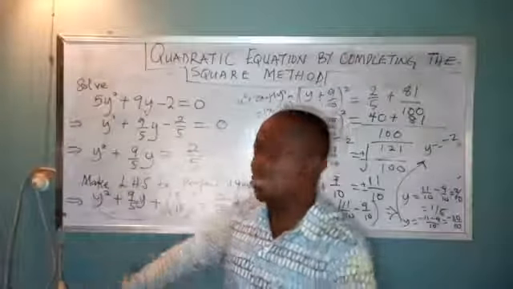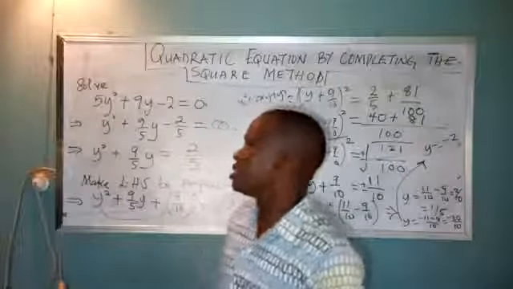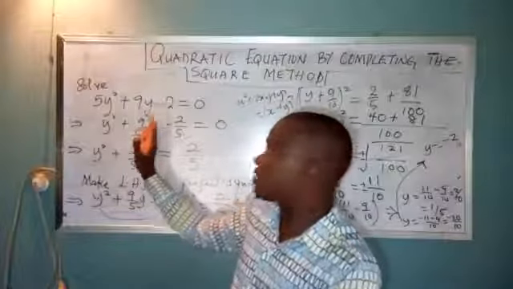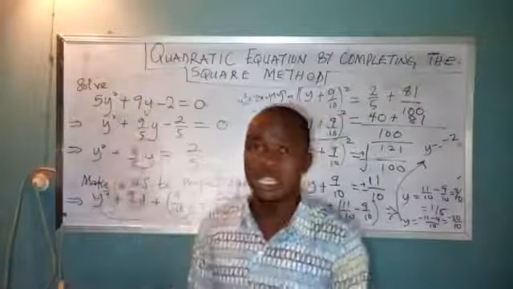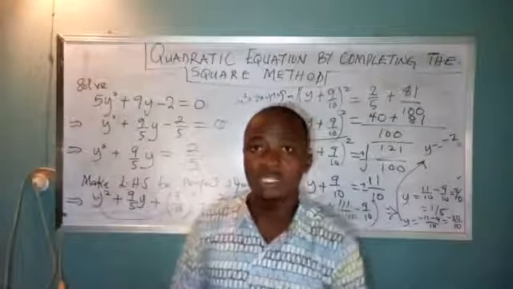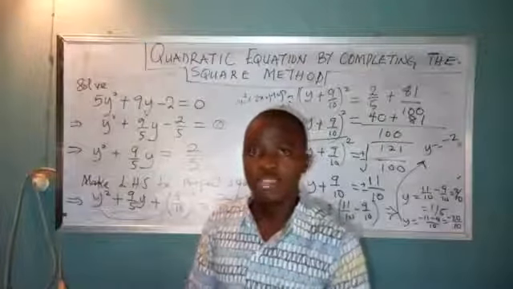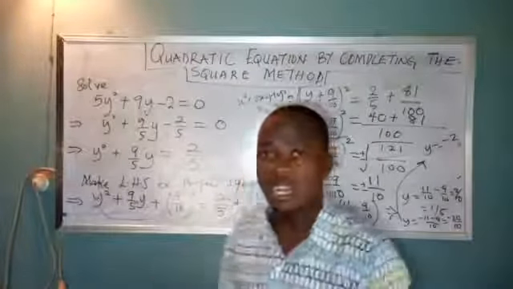But if it is 1 from the beginning, you don't need to disturb yourself. After taking the constant term to the other side, just make the expression at the left hand side a perfect square. Then you write the form of your perfect square, then you solve further, then you get your final answer.